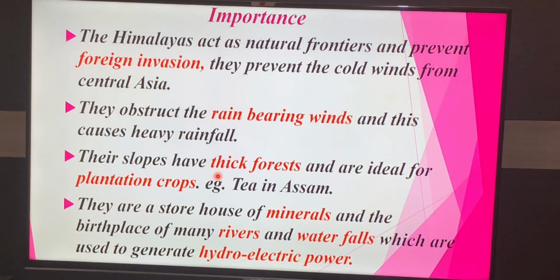Their slopes have thick forest and are ideal for plantation crop. Example, tea in Assam. They are a storehouse of minerals and the birthplace of many rivers and waterfalls, which are used to generate hydroelectricity power.